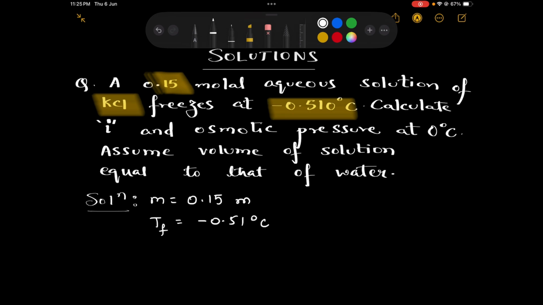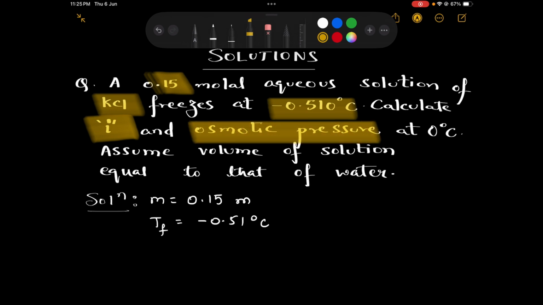That means this is Tf given. Now what we have to calculate is i and osmotic pressure, that is pi at 0 degree Celsius. So we have to find out i, then pi, and pi has to be at 0 degree Celsius.